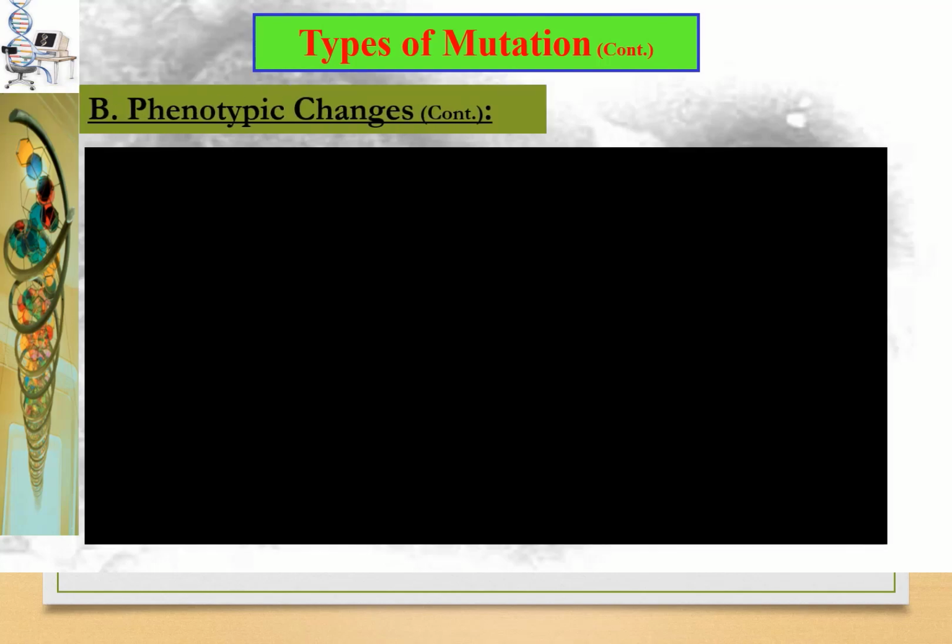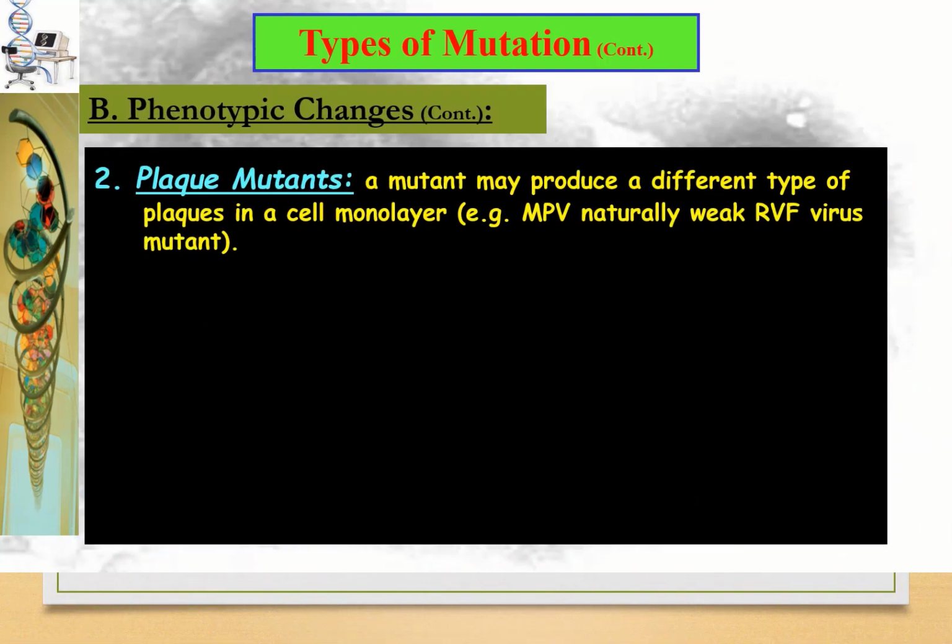Phenotypic changes. A mutant may produce a different type of plaque in a cell layer. Natural weak Rift Valley fever virus mutant.